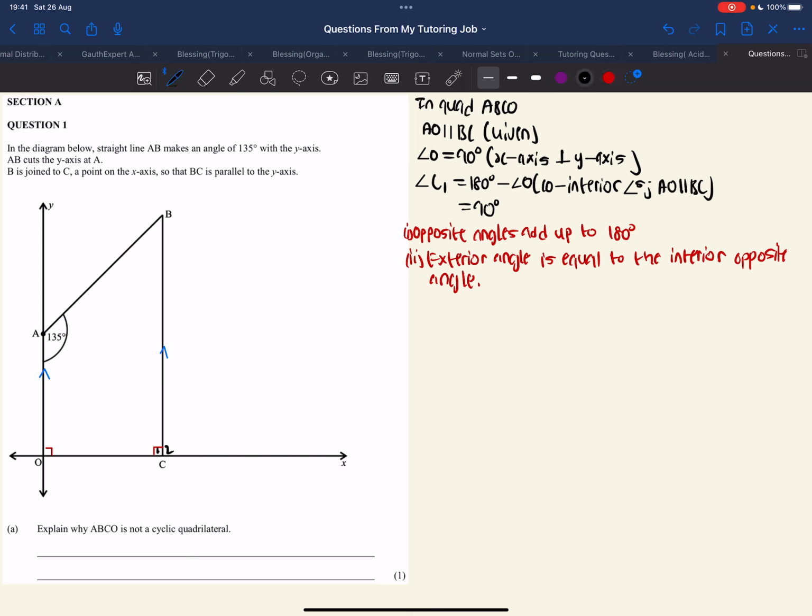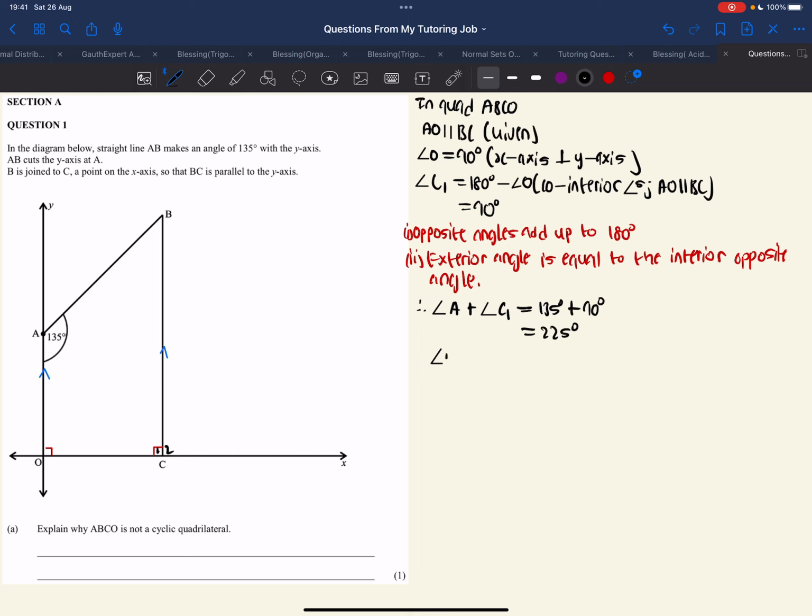If you add up angle A plus angle C1, it's 135 degrees plus 90, so 135 plus 90 is 225.